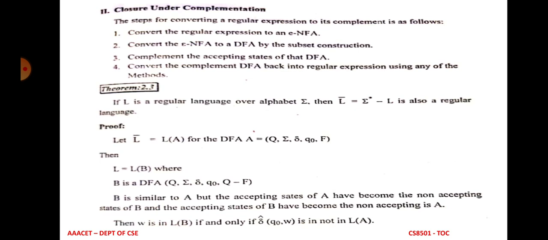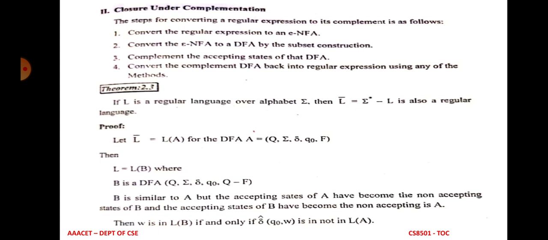So in finite automaton capital A, the final state is capital F, but in the other finite automaton capital B, Q minus F is the final state, that is the accepting state. That is the point given here. The non-accepting states of B become the accepting states of capital A.